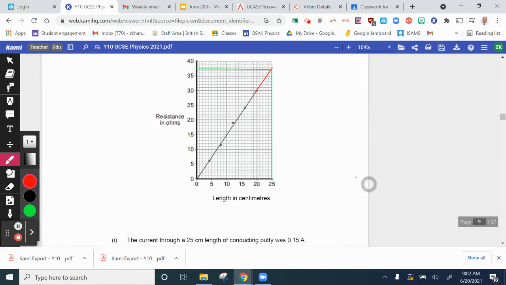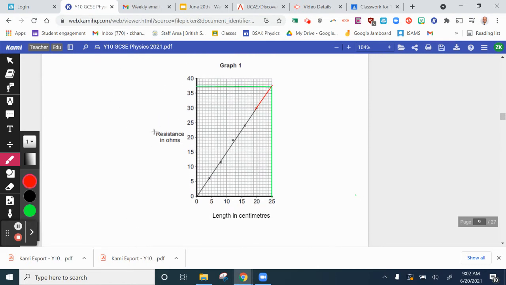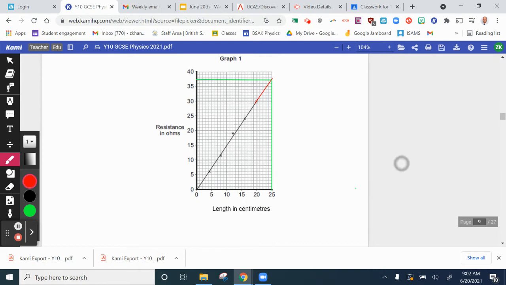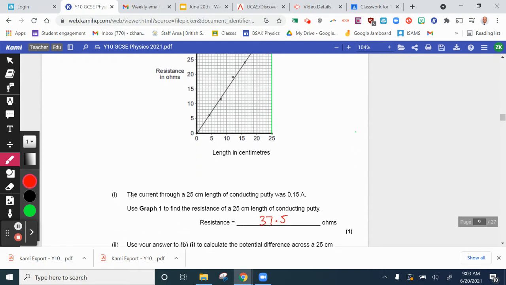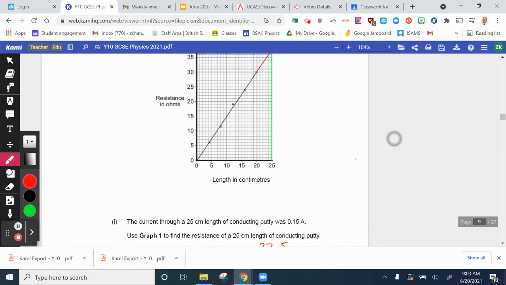So we've got resistance on the vertical axis, length in centimeters on the horizontal axis. It says the current through a 25 centimeter length of conducting putty was 0.15 amps. Use the graph to find the resistance of a 25 centimeter length of conducting putty.